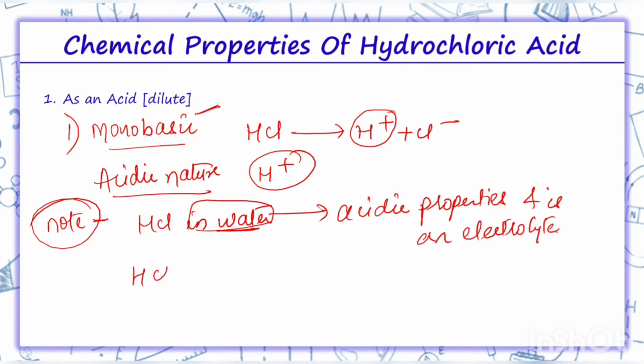Now when we talk about HCl in organic solvent like toluene, which is a non-polar solvent, it does not dissociate HCl into free ions. So thus we say HCl in toluene does not exhibit acidic property and it is a non-electrolyte.